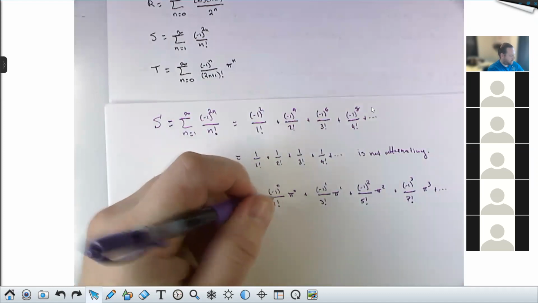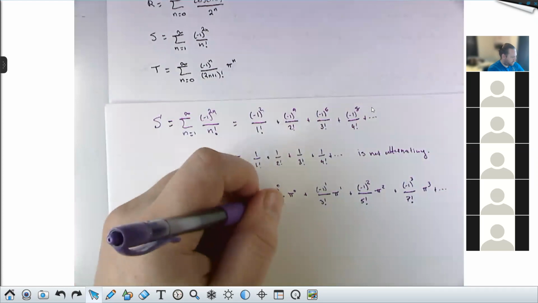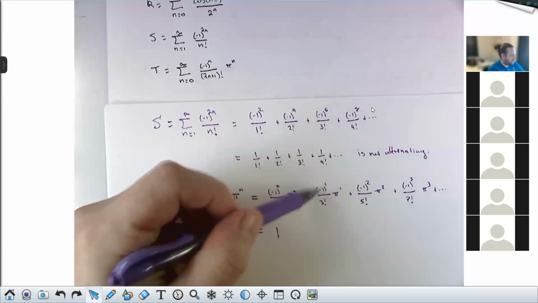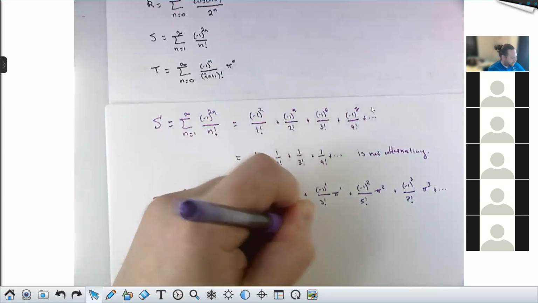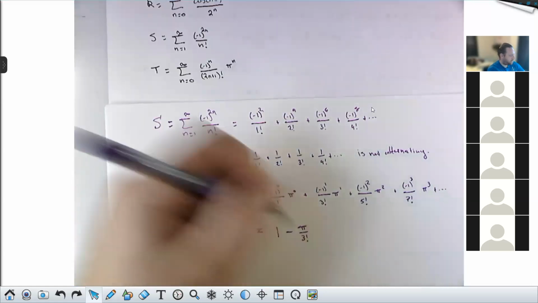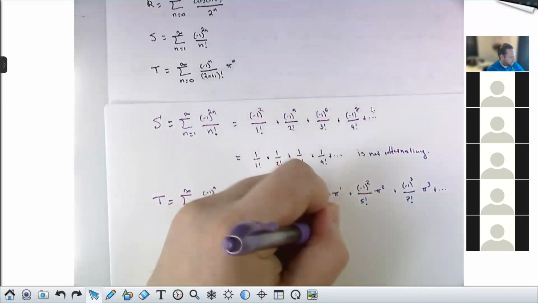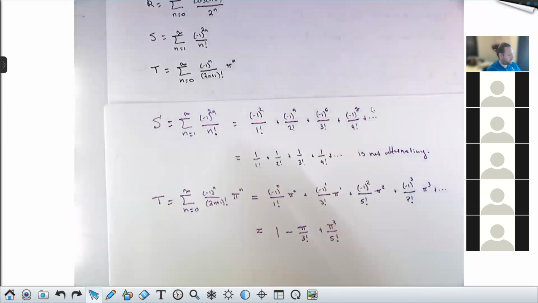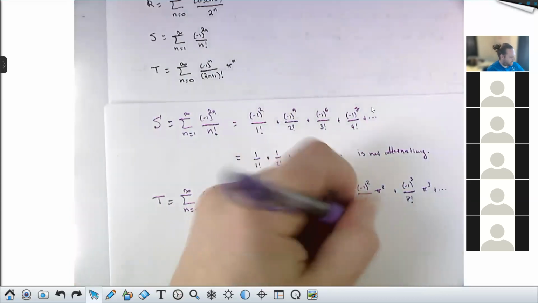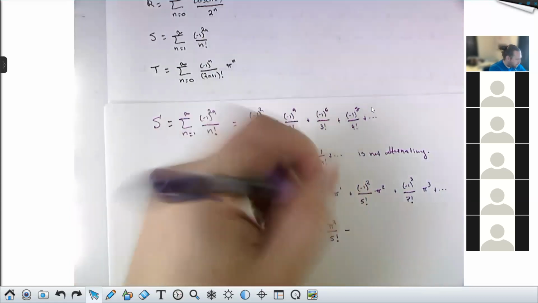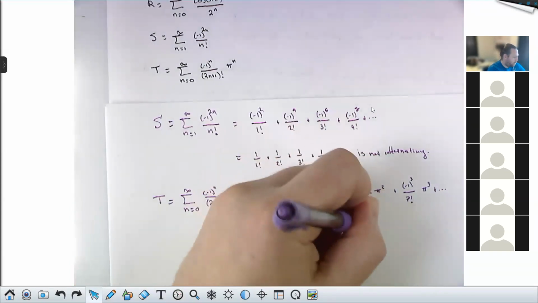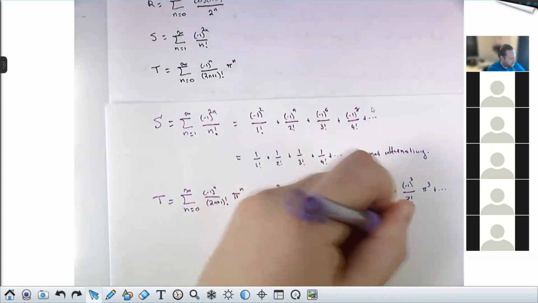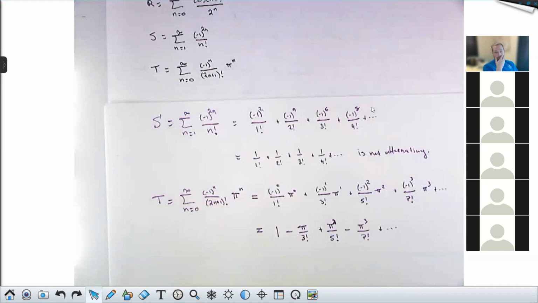-1 to the 0 is 1. So this is pi to the 0 divided by 1 factorial, which is just 1. -1 to the 1 is -1. So this is minus pi over 3 factorial. -1 squared is positive. So this is plus pi squared over 5 factorial. -1 cubed is negative. So this is minus pi cubed over 7 factorial, and so on. So does this guy alternate?